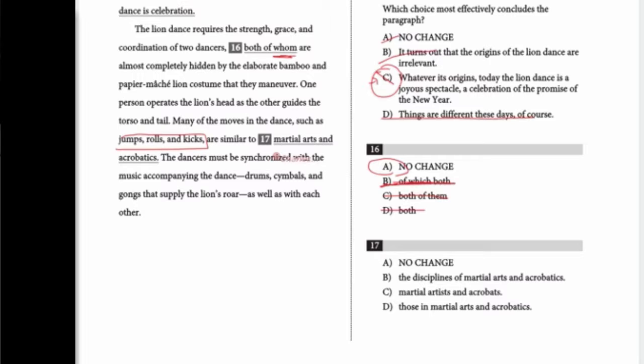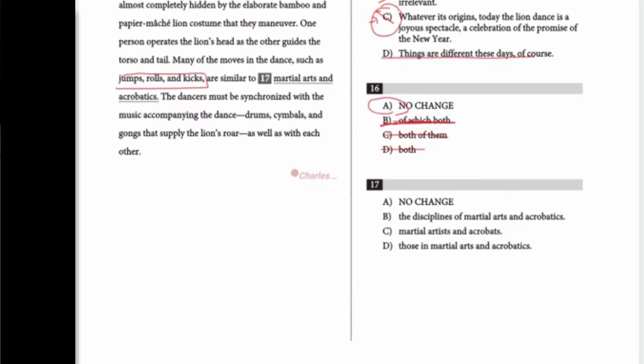Martial arts and acrobatics are descriptions of things, not necessarily actions. So I don't think no change is correct. Jumps, rolls, and kicks are similar to not martial artists. The kicks aren't similar to the artists themselves.